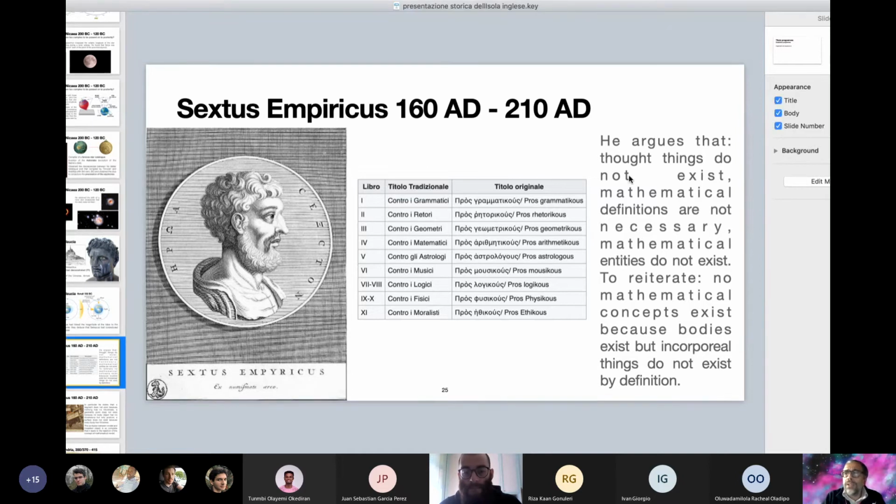Sextus Empiricus wrote that thought things do not exist. Mathematical definitions are not necessary. Mathematical entities do not exist. Moreover, he says that no mathematical concepts exist because bodies exist, but incorporeal things do not exist by definition.